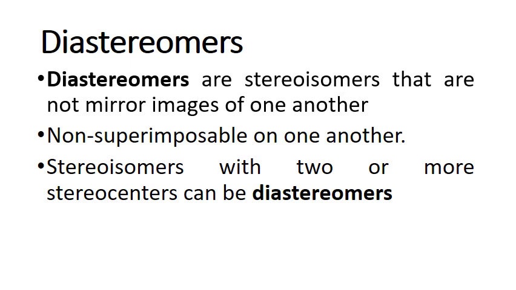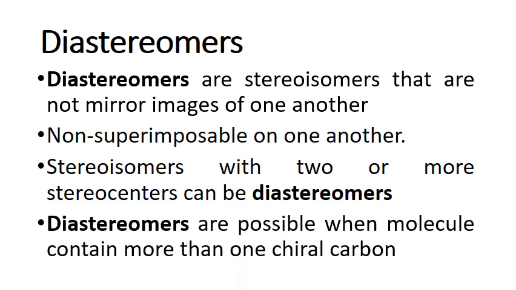I told you, if there is only one chiral carbon, that will always be enantiomers. If there is more than one chiral carbon, they may be enantiomers or diastereomers or anything else. But here you can say that stereoisomers with two or more stereocenters can be diastereomers.